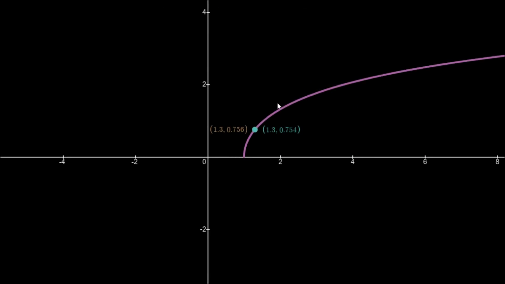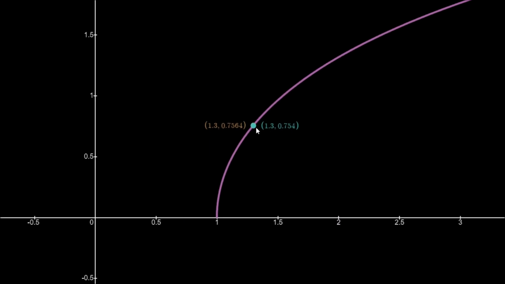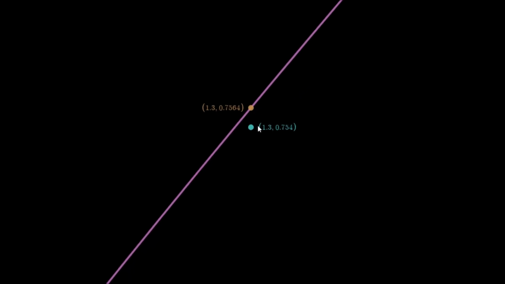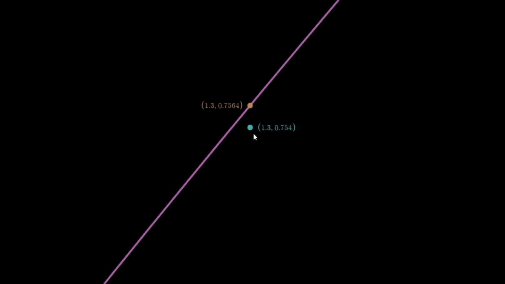So we have our inverse hyperbolic cosine function here. At the value 1.3, we're expecting to get a value of 0.756, but our CORDIC algorithm has given us a simulated value of 0.754. So you can see that this process works and it gives us a good approximation.